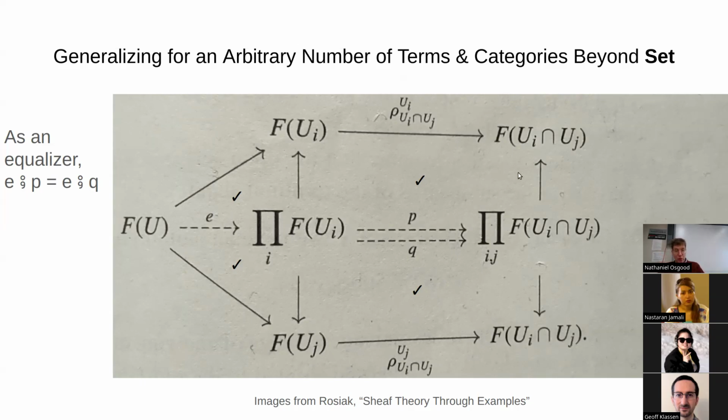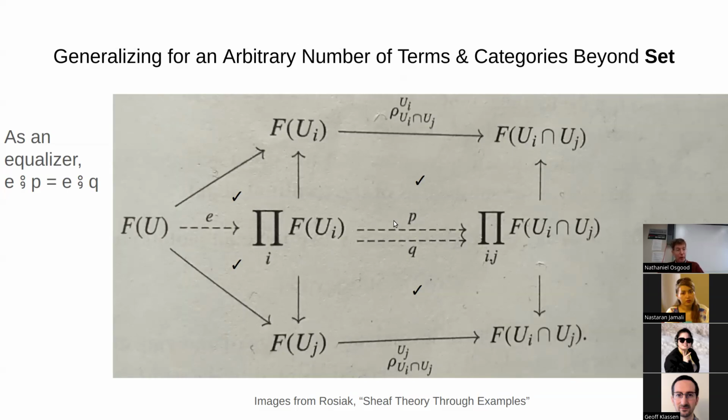For any intersection of U_i and U_j, we want the map down to it that results from going from this product, from F of U_i to F of the intersection of U_i and U_j, that's P, to give the same result as Q, the map from going from F of this product down to this and restricting here. We want those to be the same.